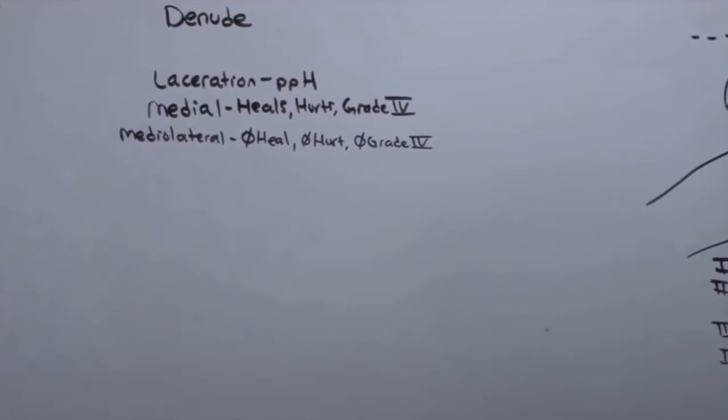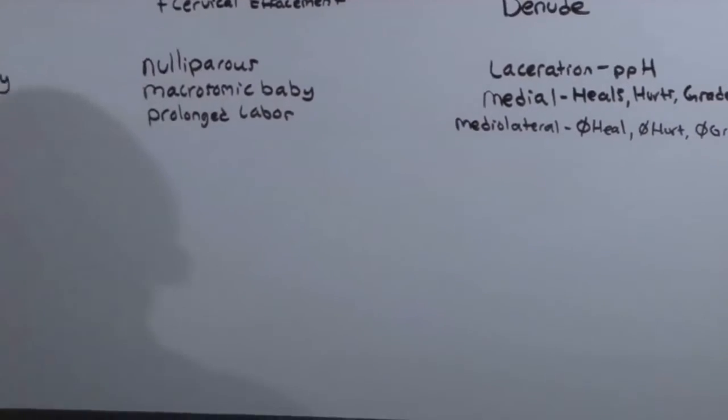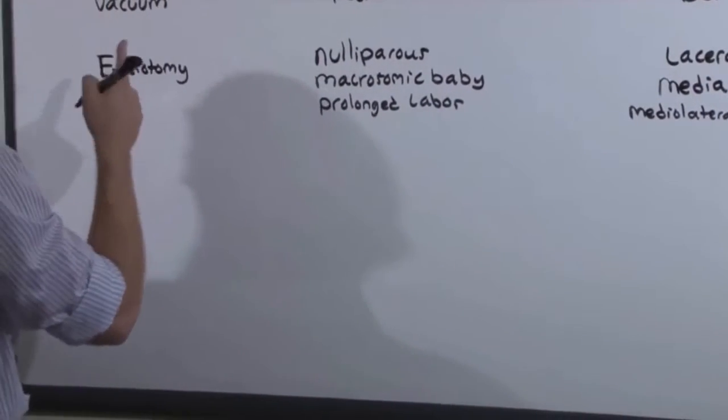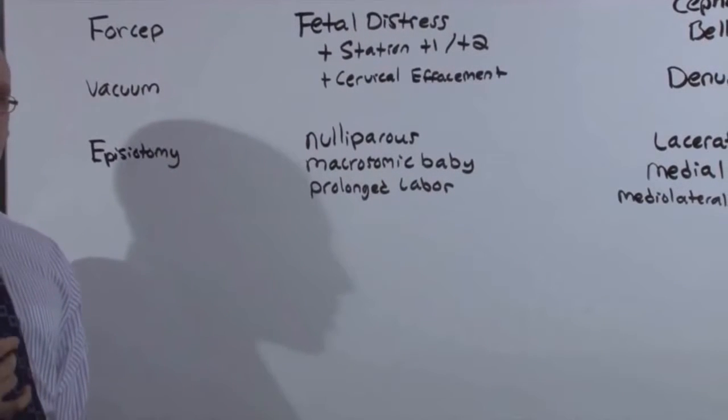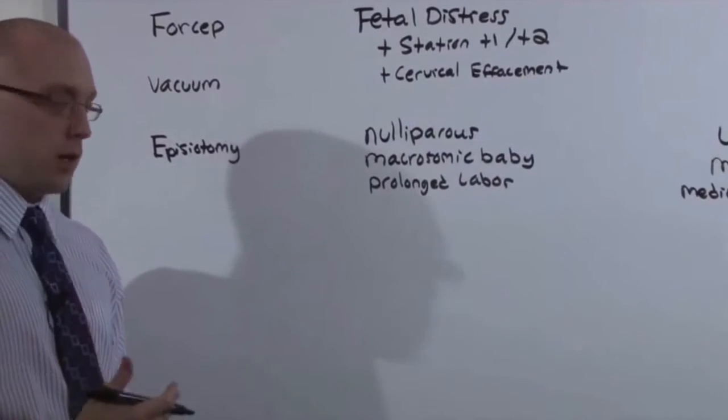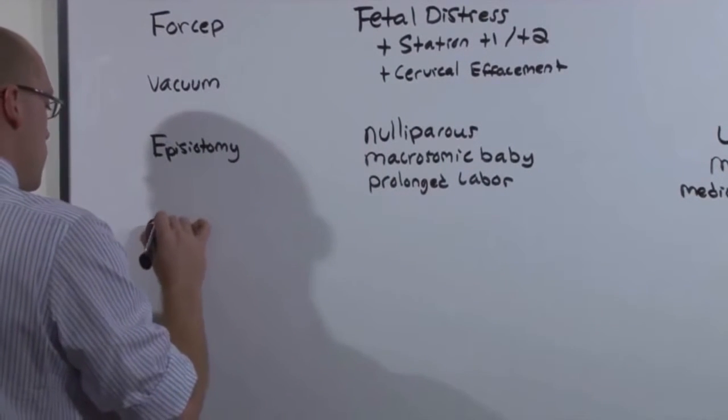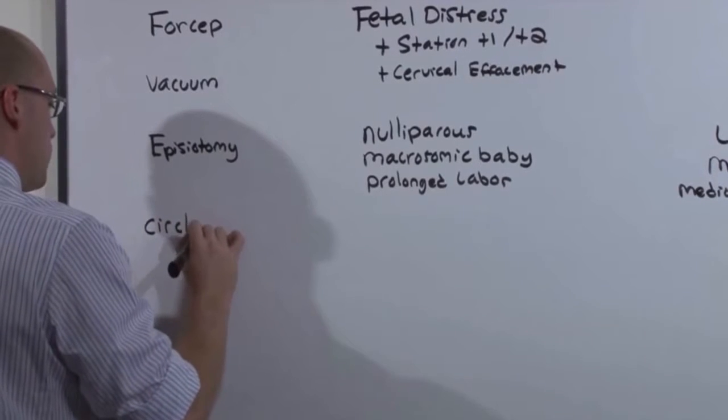But in preparation for delivery, where C-section, forceps, vacuum, and episiotomy can be used, sometimes mom needs a little help saving baby long enough. And that is when the cerclage comes into play.